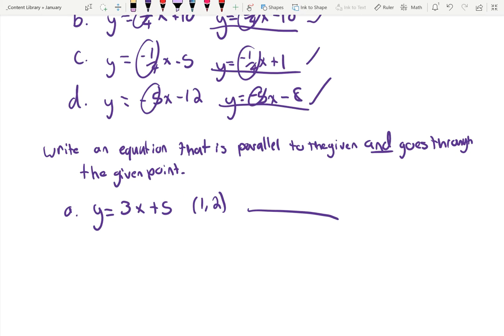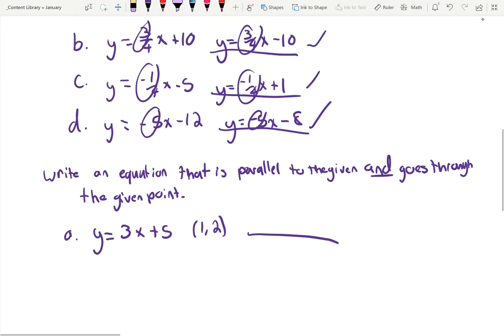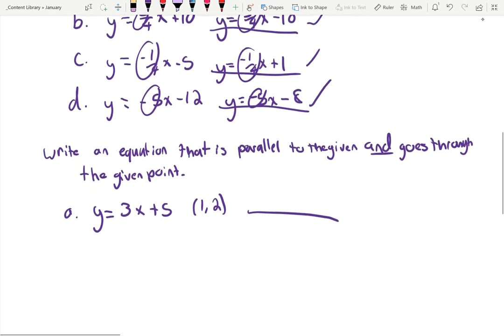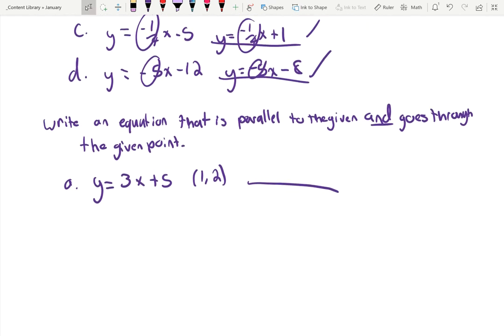So I can't just make up any equation I want like I did in these 4 problems here. I have to make sure I have the exact correct equation that would go through this point. So, I mean, I could, for example, say y equals 3x plus 4, but how do I know that this is what goes through the point 1, 2? I don't. I know the slope has to be the same. I know my slope has to be 3x. But my y-intercept is very important here because I have to make sure it's the correct number of the correct equation that will go through this point.